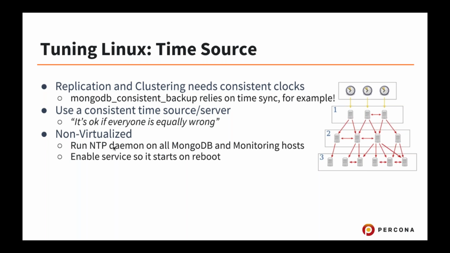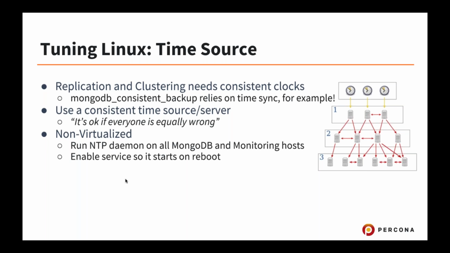What I didn't add to this slide is that in 3.6, the clustering actually has its own clustering time clock, so it doesn't necessarily care so much about the system time anymore. So I'm more talking about pre 3.6 here, where it's very important to make sure that your cluster has the same time on every node. Using NTP is basically the best way.